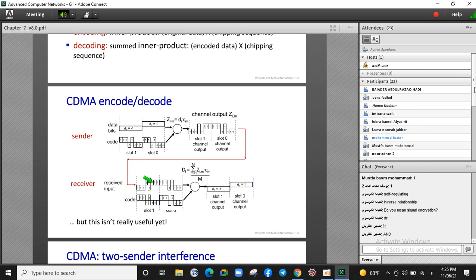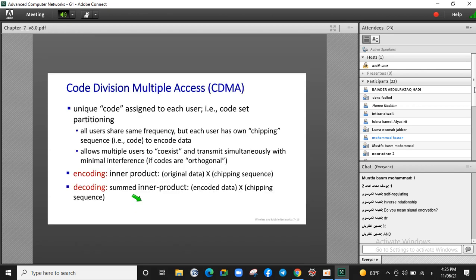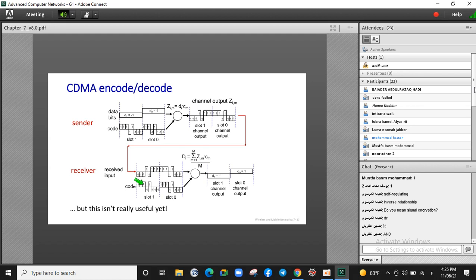This is the result. For the next slide, again, 1 times -1, the result is -1. 1, -1, 1, -1, -1, 1, 1, -1, -1, 1, -1, 1, -1, 1. If I make this sum, it is equal to -8.